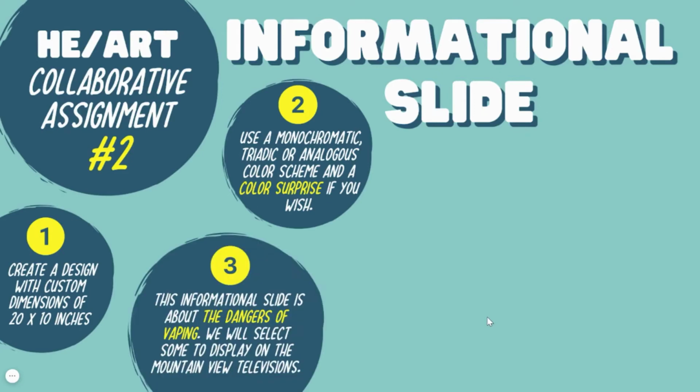Okay, number three, this informational slide is about the dangers of vaping. So we want you to spend some time researching this because it is so prevalent in middle schoolers and high schoolers right now. So you're going to make an informational slide, and we're actually going to select some of these to display on the televisions in Mountain View.